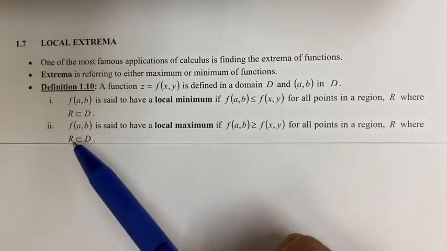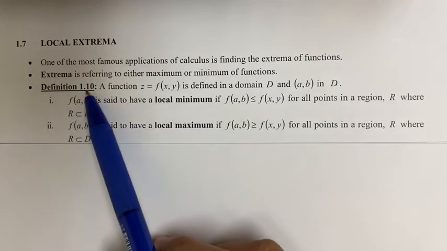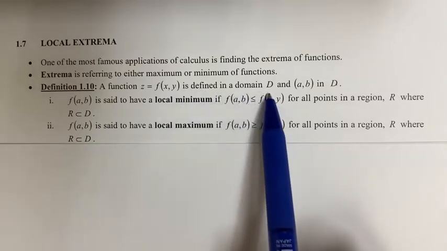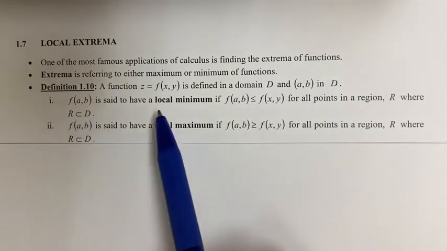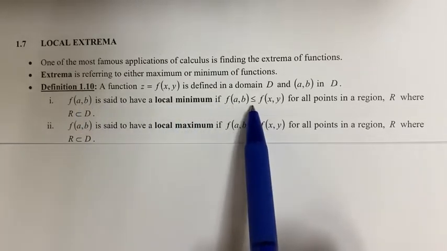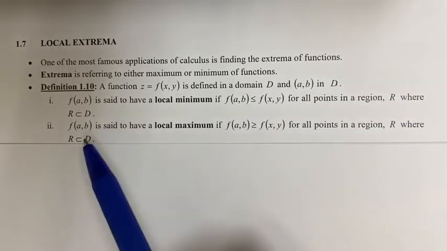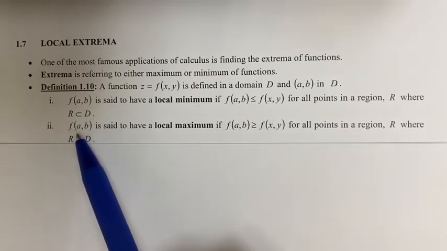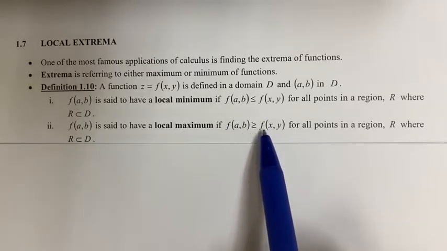So first, let's see the definition of local maximum and local minimum. Definition 1.10: a function z = f(x,y) is defined in a domain D and point (a,b) is in domain D. First, local minimum is when f(a,b) is less than or equal to f(x,y) for all points in a region R, where R is a subset of D. And second, this is the definition of local maximum: f(a,b) is greater than or equal to f(x,y).